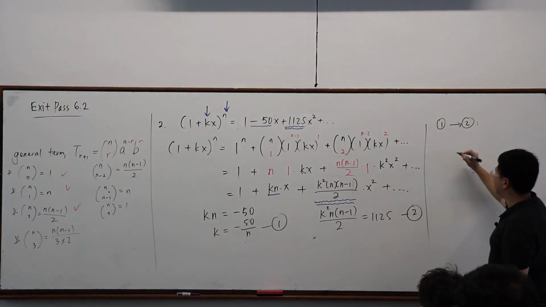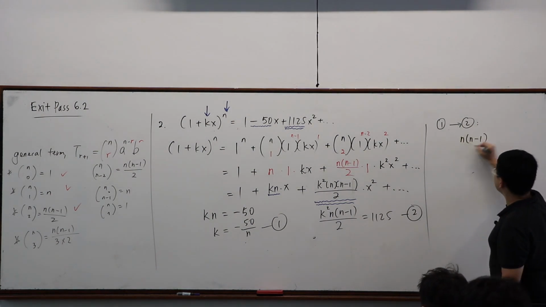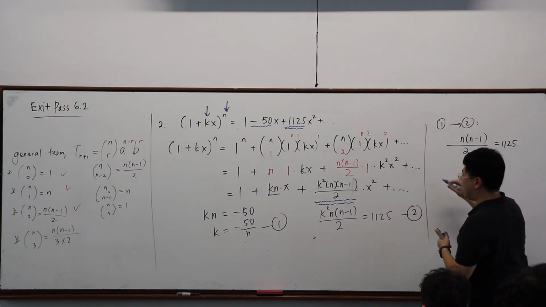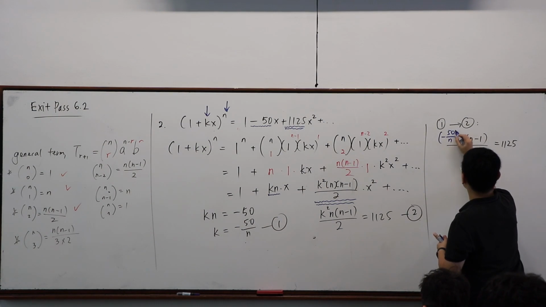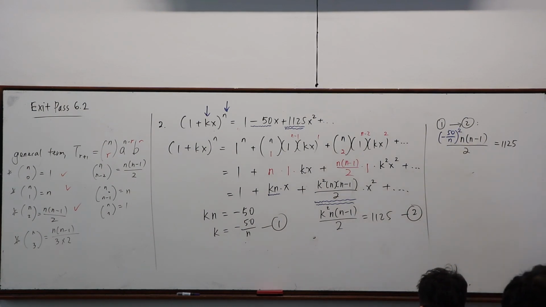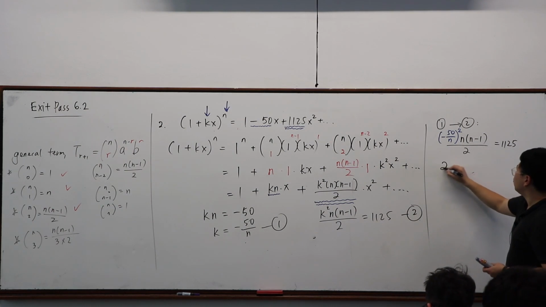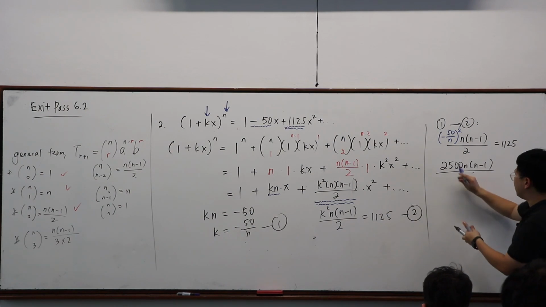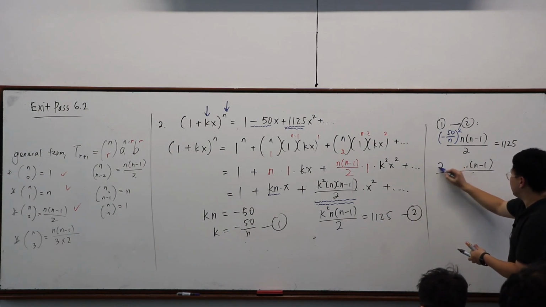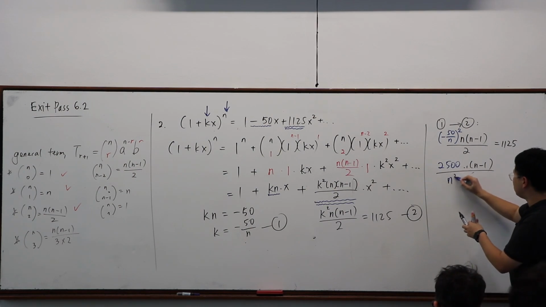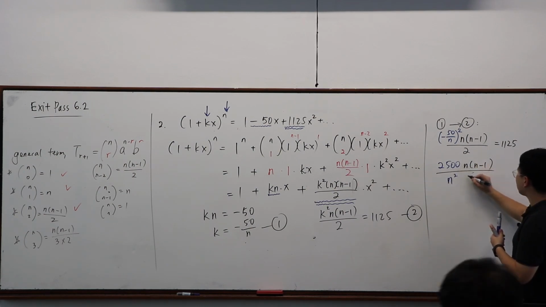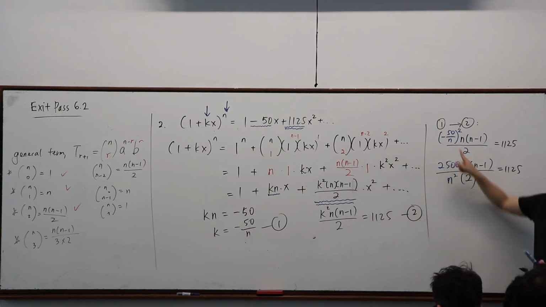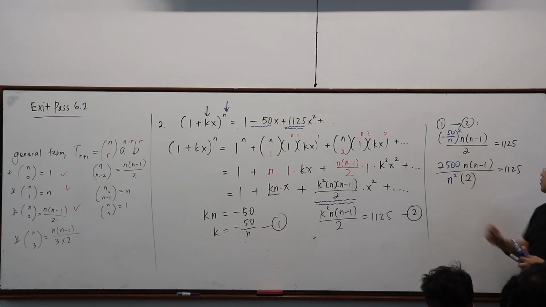So we have k squared, 50 squared, 2500 times (n minus 1), then I have an n squared at the bottom. 2500 n squared.